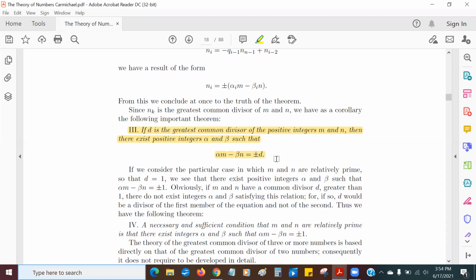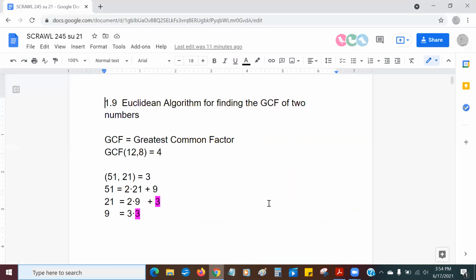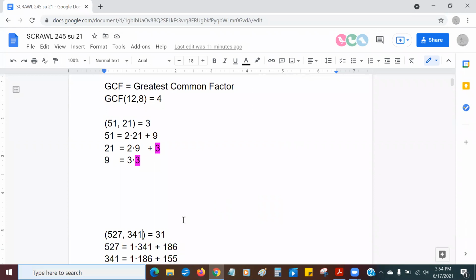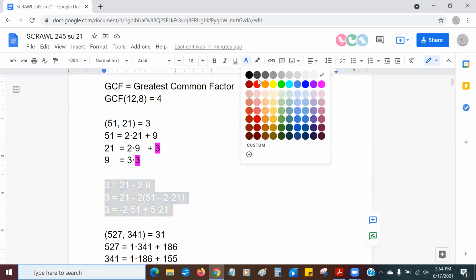So let's go back right here. I actually typed it already, but it's hidden from view.